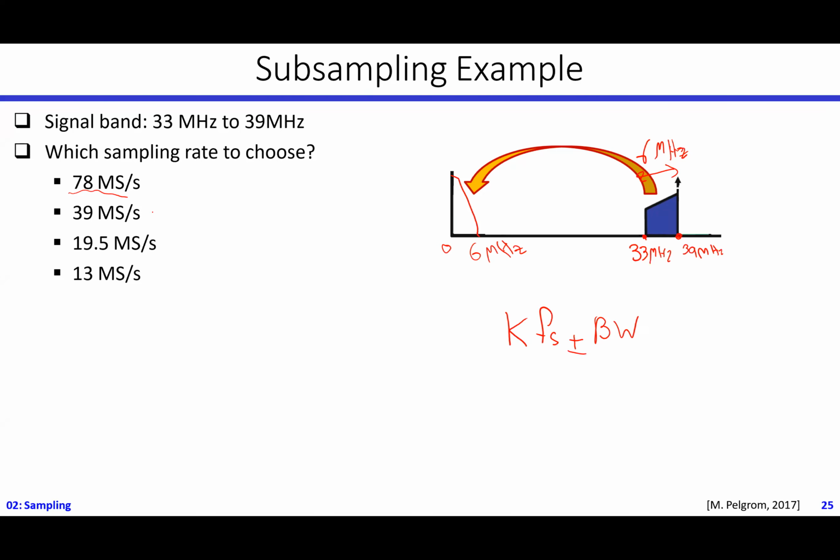Okay, so now if I apply 39 megahertz, it will come to the baseband. If I apply 19.5 mega sample per second, it will also come. And if I apply 13, you will also get a copy in the baseband. This one will not come to the baseband because of it.